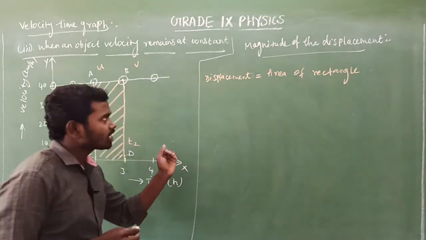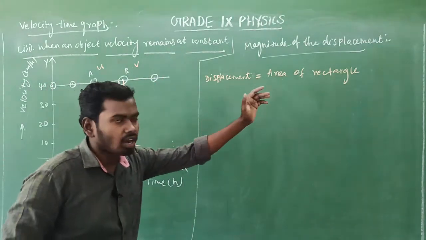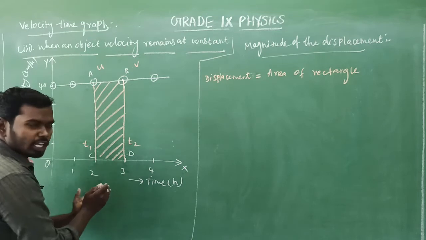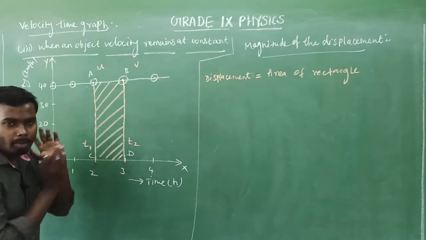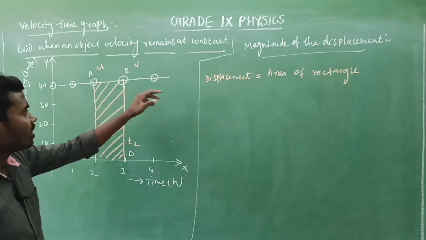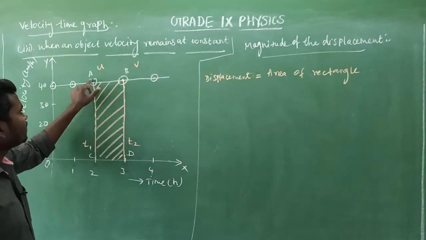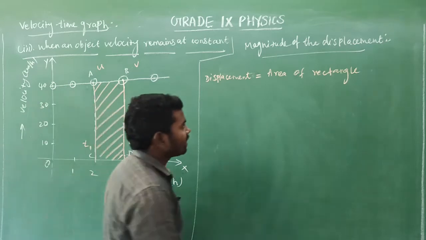So the displacement of the object is equal to the area of the rectangle, because during the interval between 2 hours and 3 hours, the graph shows a rectangular shape. So this displacement is equal to the area of rectangle ABCD.